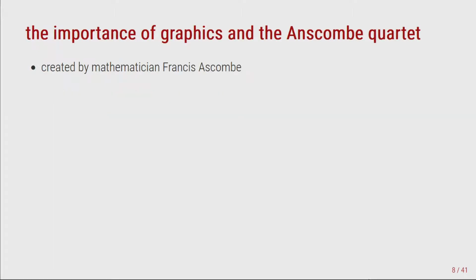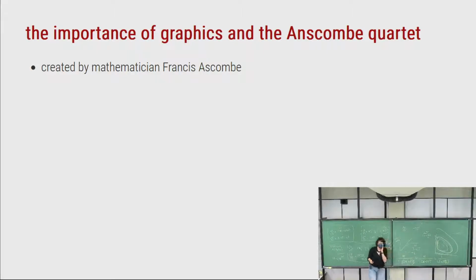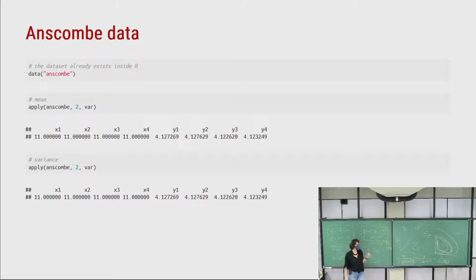I'll show you now, actually. So, Francis Anscombe was a mathematician, and he created a data set to show the importance of visualizing data. He created 4 data sets with the same descriptive statistics, but they are very, very different graphically.